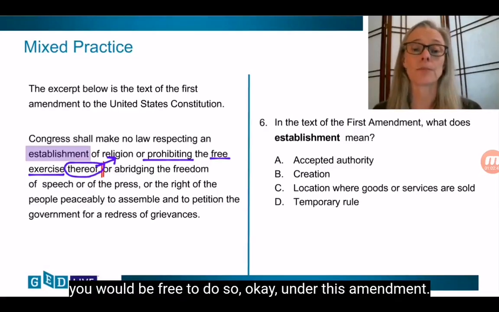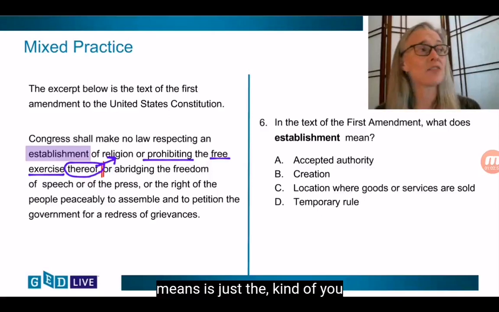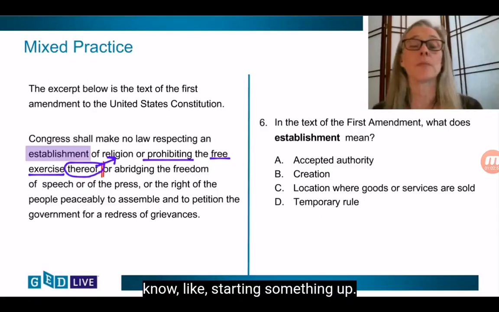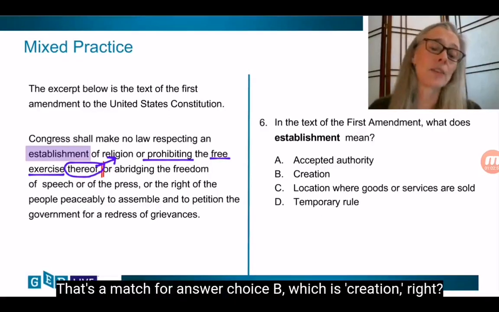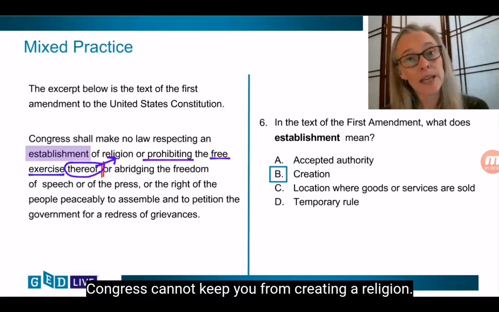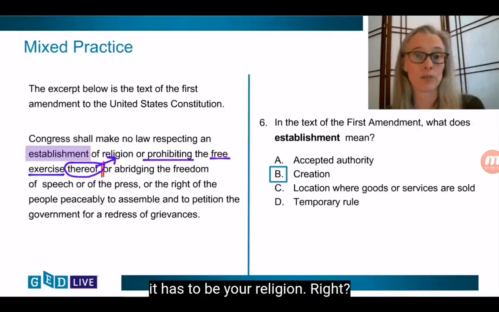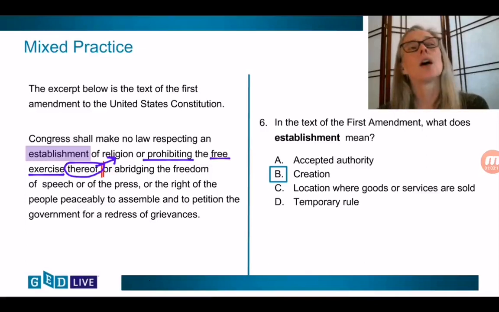Under this amendment, right? So in the context, what establishment actually means is just the kind of, like, starting something up. That's a match for answer choice B, which is creation, right? Congress cannot keep you from creating a religion. Congress cannot create a religion and tell you that it has to be your religion, right?